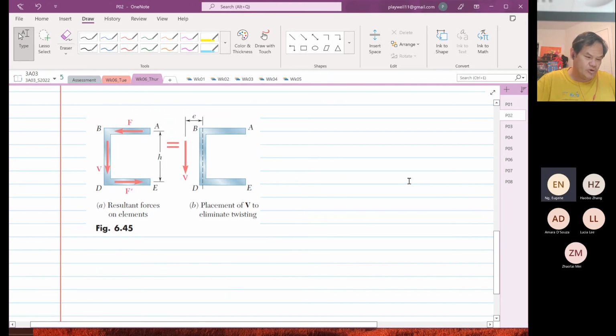Okay, so I'm going to call this point C, exactly at the center down here. We're going to focus on the applied force F, or shear flow F, over here.